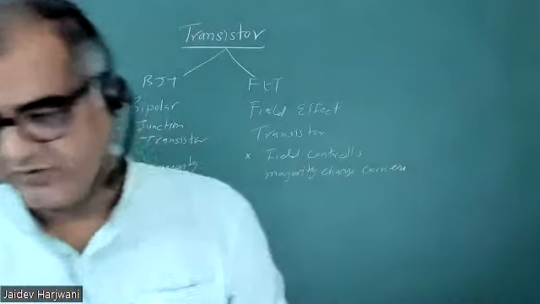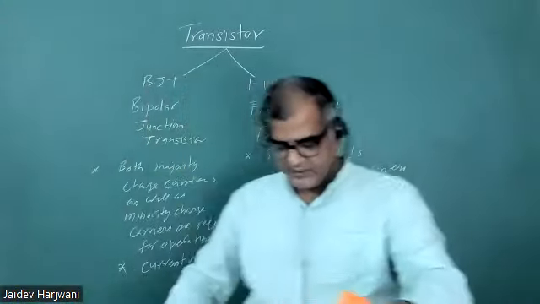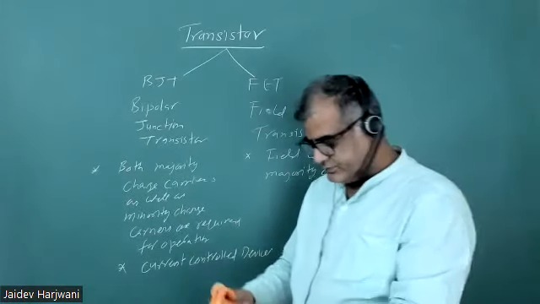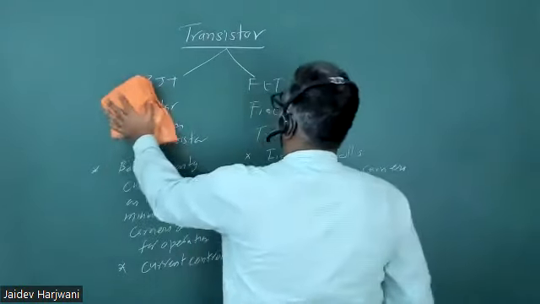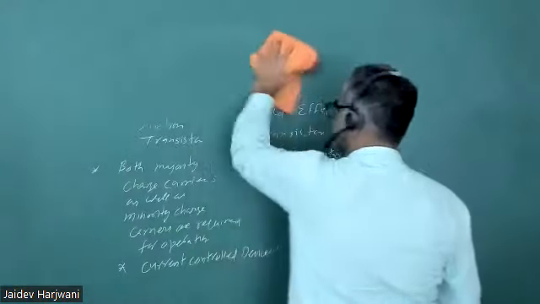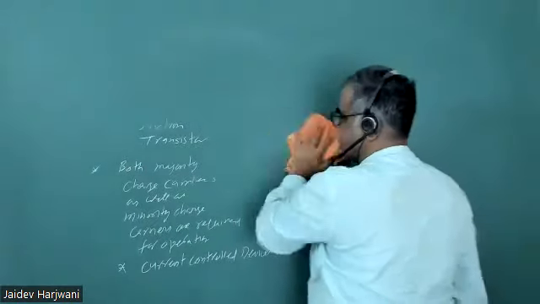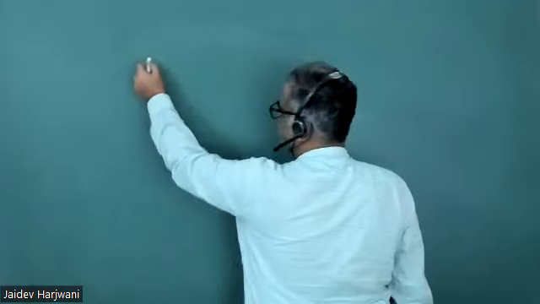So let us first take the bipolar junction transistor in detail. Let me give the construction of BJT. So I'm erasing this one. So this is your BJT. BJT has three layers.